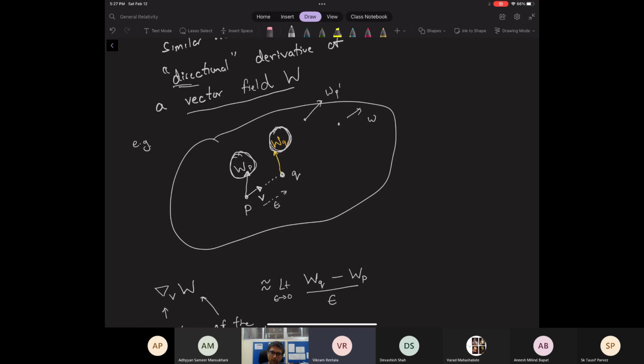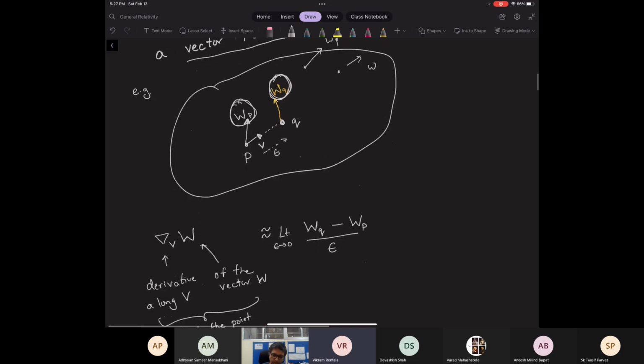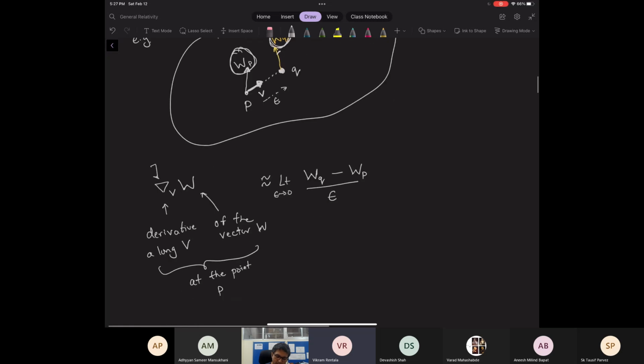We'd like some way to compare these two vectors with each other. The intuitive notion of a directional derivative is that we have to specify a direction from point P to some neighboring point Q. So it's a derivative along some direction V, and we have to specify the direction along which we're taking this derivative.